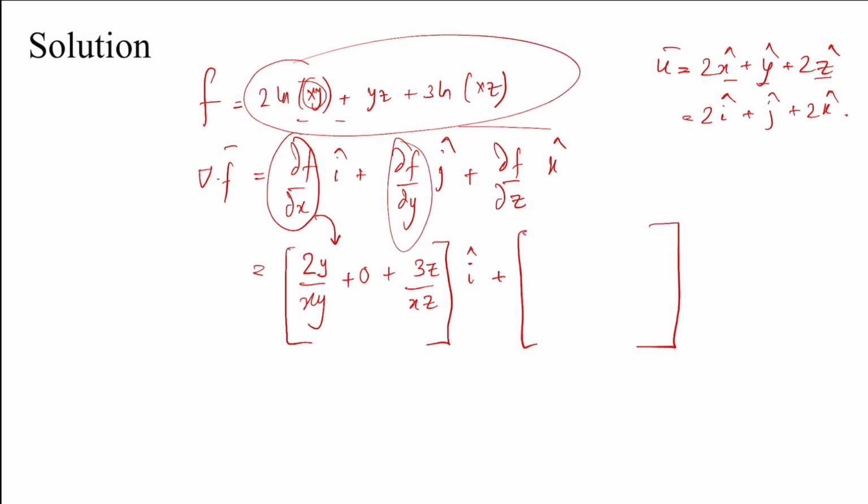Plus df dy. Now we are differentiating with respect to y. So x will come up, and there will be z. The ln yz term, differentiated with respect to x, should be 0, so no issue. Now this will be 1 by yz, and then differentiating with respect to y, this should be z, right?